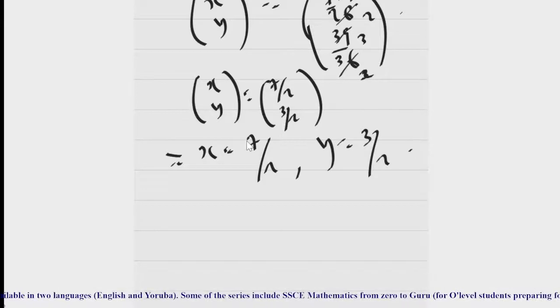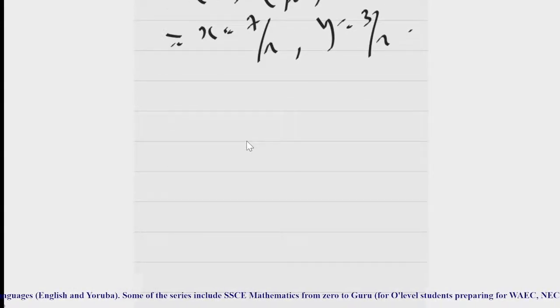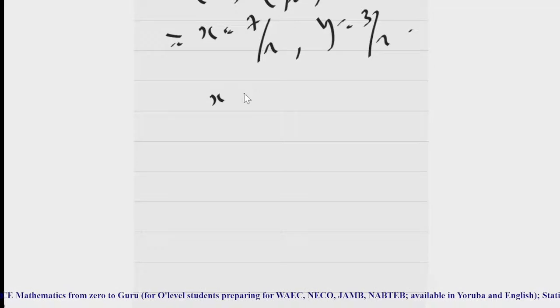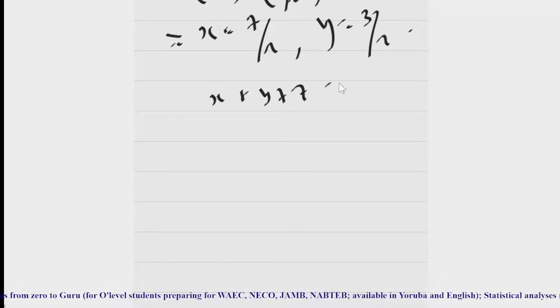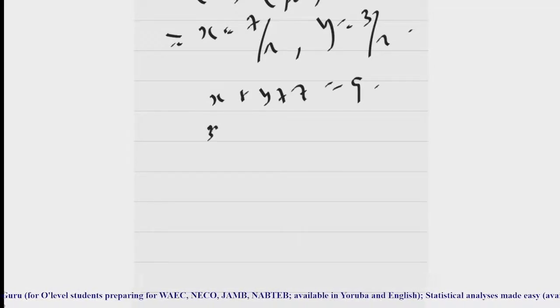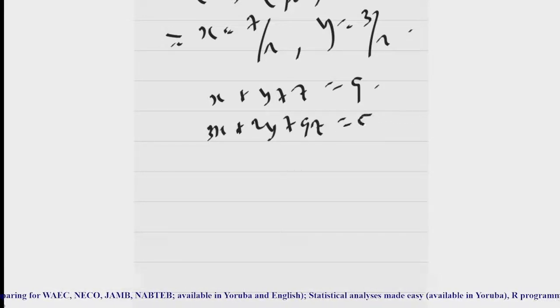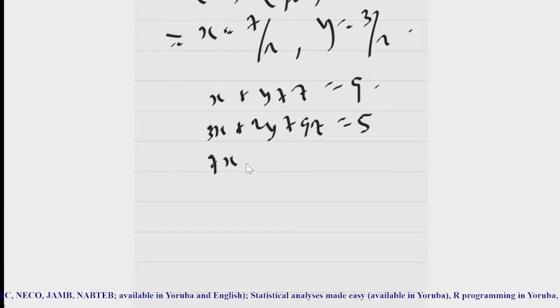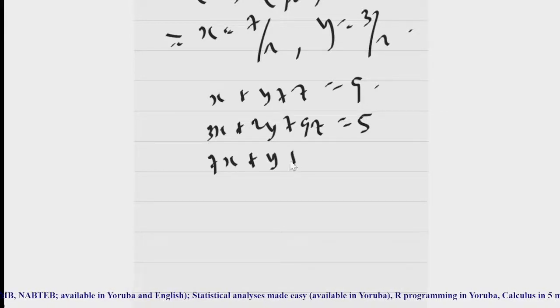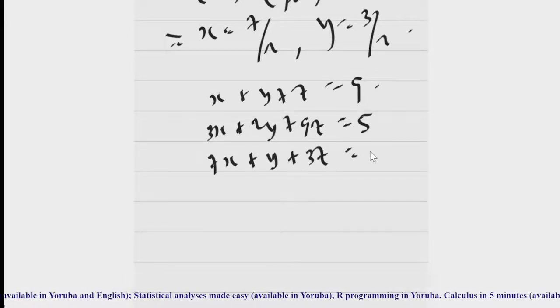You can see it is very simple. In fact, you can use the same method for a 3 by 3 matrix, it's not difficult. So maybe you have x plus y plus z is equal to 9, 3x plus 2y plus 9z is equal to 5. So 7x plus y plus 3z is equal to 3.